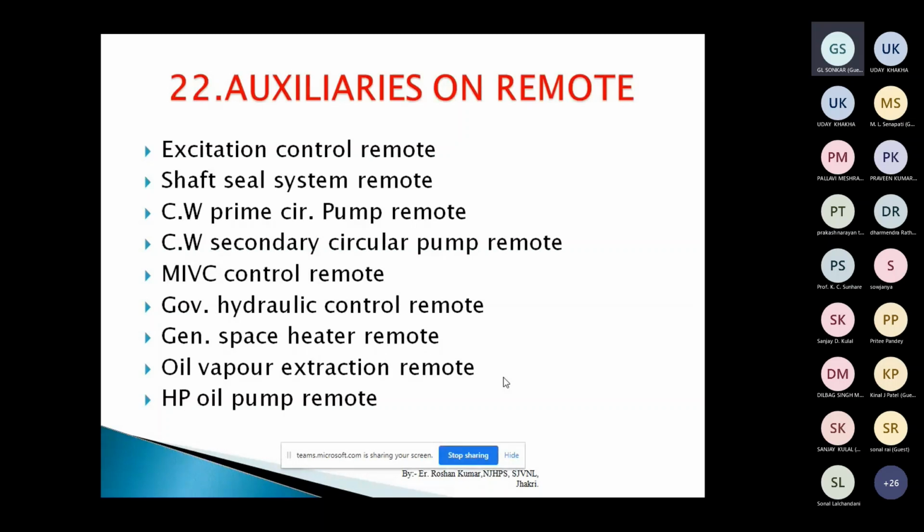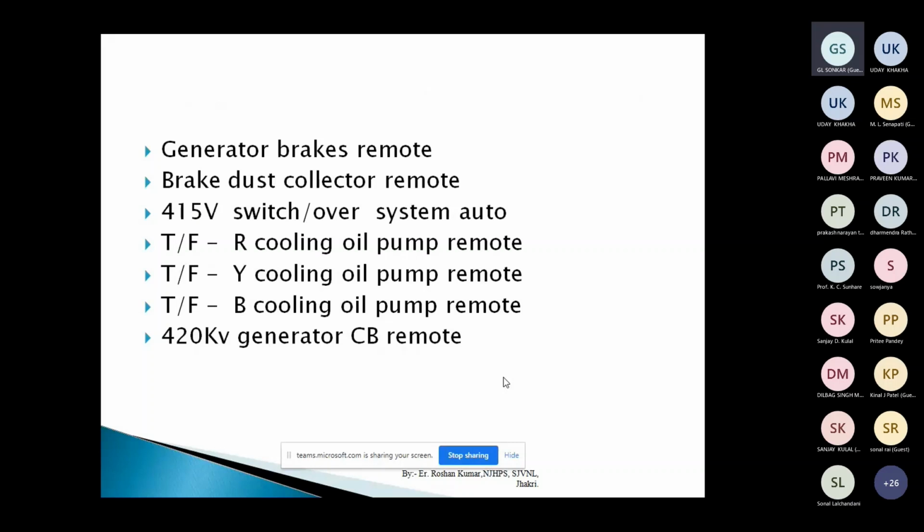Then generator brake system. There is a brake track on the rotor. On the bottom of the rotor, we are providing a brake track. Some brakes are there on the lower bracket. I'll discuss this in the generator class. There are some brakes installed in the lower bracket.